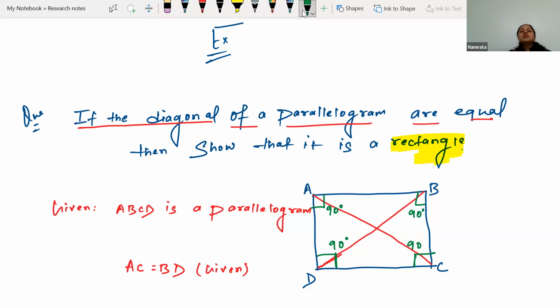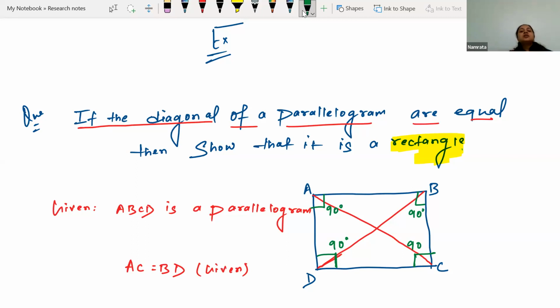So we had the information: ABCD is a parallelogram where diagonals AC and BD are the same. Show that it's a rectangle. How will we show it's a rectangle? There are a few qualities which only a rectangle has. If we prove that quality over here, then we can say it's a rectangle. What is that quality?